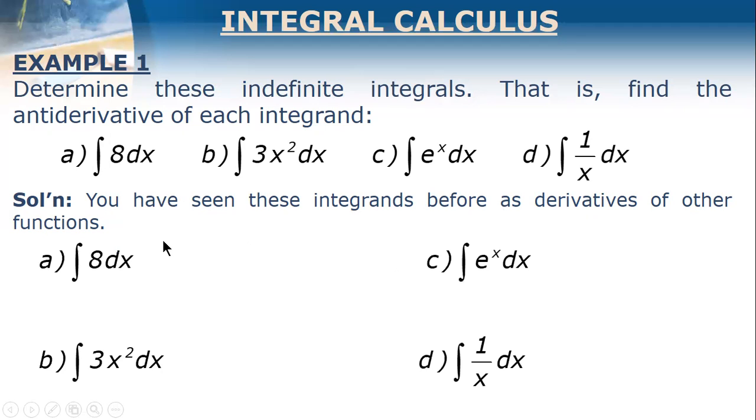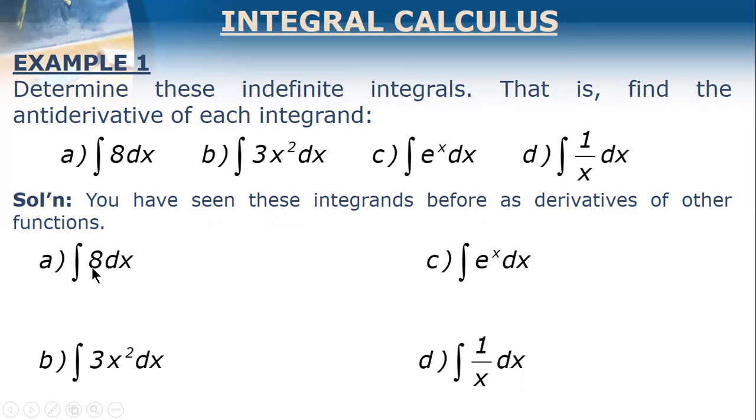Let's start with letter A. Remember, this is small f of x, which is a derivative. So, if 8 is a derivative, think of a function whose derivative is 8. I will give you 10 seconds to think.